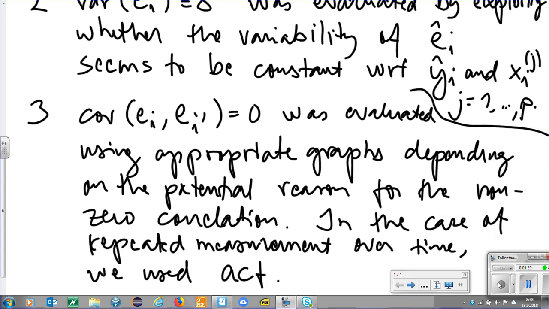In the case of repeated measurements over time, we used the autocorrelation function. That was the example we used in the stump lift data, where we had some reason to assume that observations that are close to each other in time are correlated.